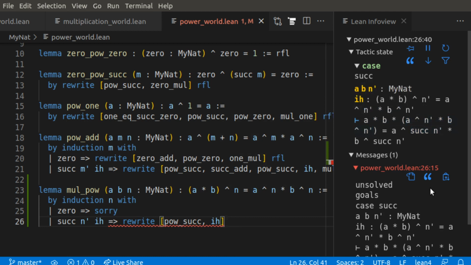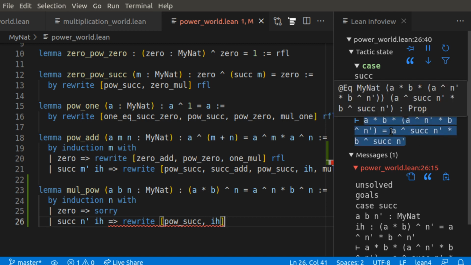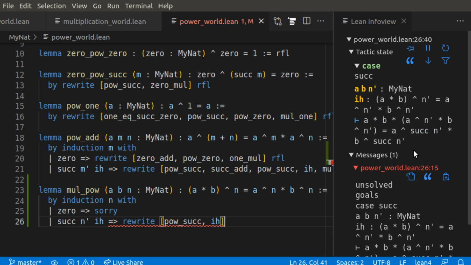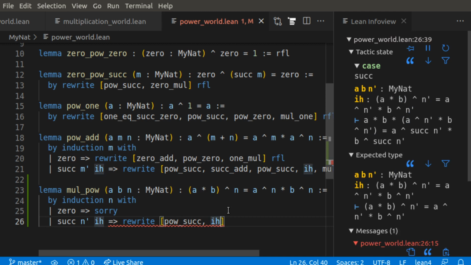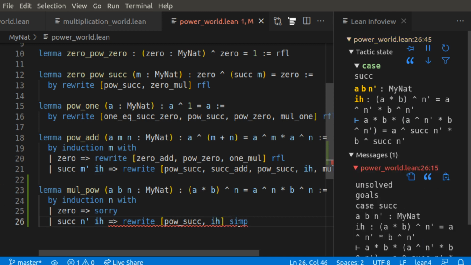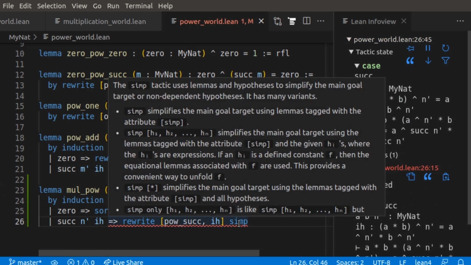Okay. Here we could just move things around and combine them. If we distribute the parentheses correctly, we can get something we want. And I think we have a tactic simp, which uses lemmas and hypotheses to simplify the main goal or target.